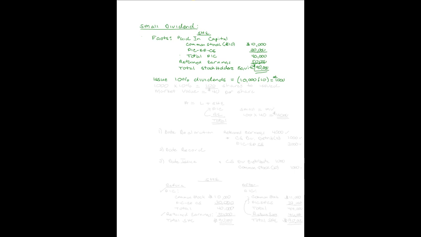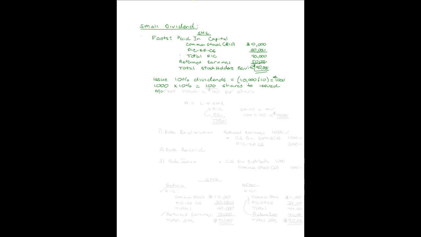If I'm going to issue a 10% dividend, I'll take the 1,000 shares outstanding times 10%, and the size of my stock dividend will be 100 shares that I'm going to issue. So 10% of my outstanding shares would be the equivalent of a small stock dividend.